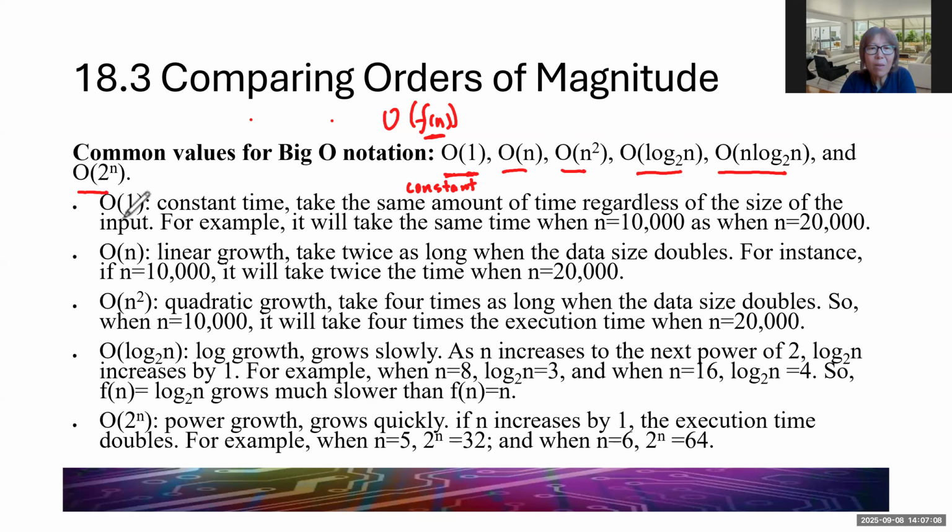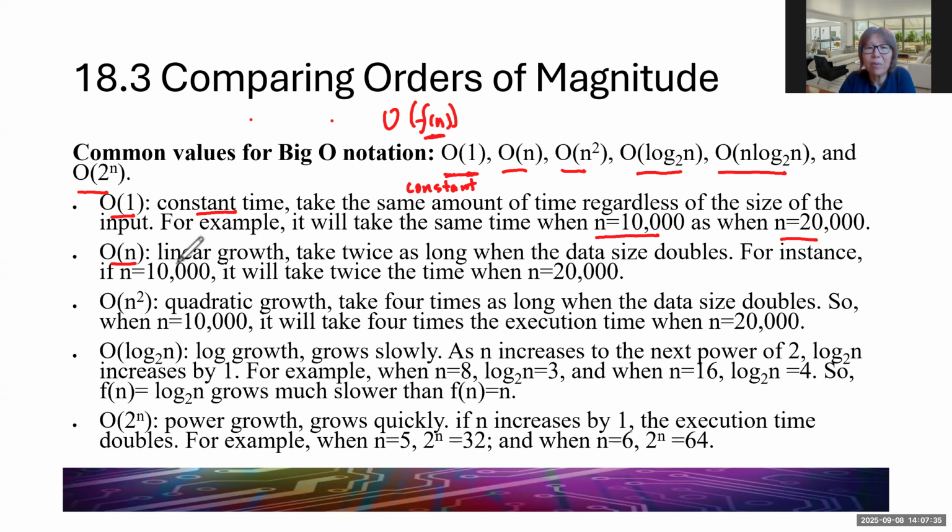Order 1 is constant time. Like we previously explained, no matter what the size is, 10,000 or 20,000 or even a million, the time is always the same. No difference. So that's constant time.